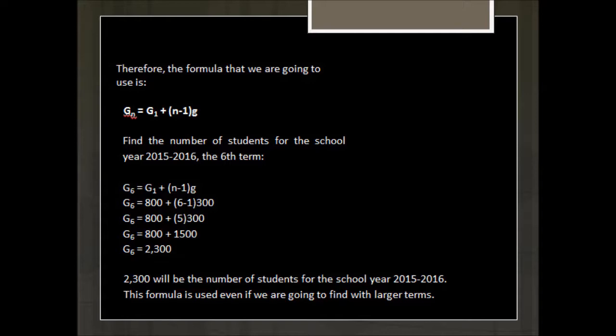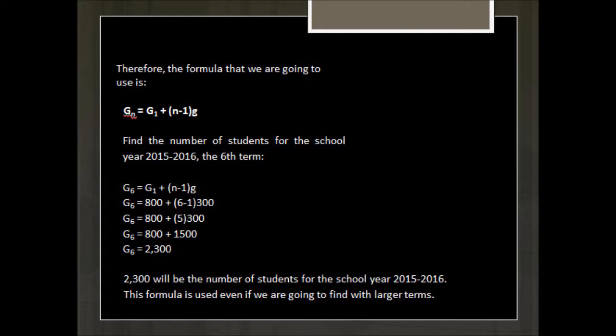So the value of n is the nth term, or the sixth term. So g sub 6 is equal to g sub 1 plus the quantity of n minus 1 times the gap. Then substitute the value of g sub 1, which is 800, and the value of n, which is 6.